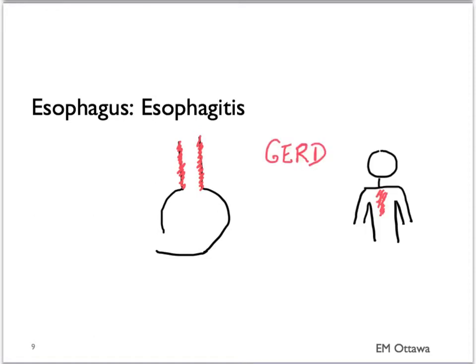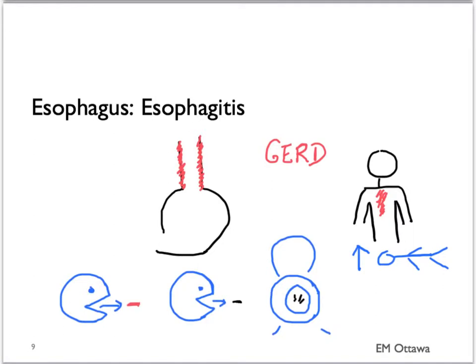Patient might present with retrosternal chest pain that are worse when lying down and better when they sit up. The pain is usually worse after a big meal as well. In terms of presentation, it tends to be small volume. It can be hematemesis, coffee ground emesis, or melena.